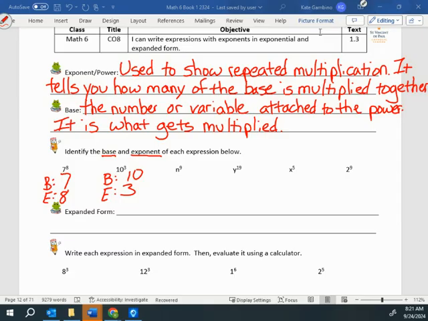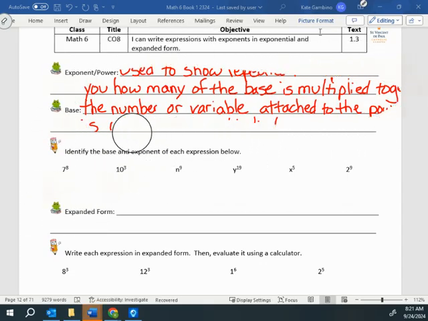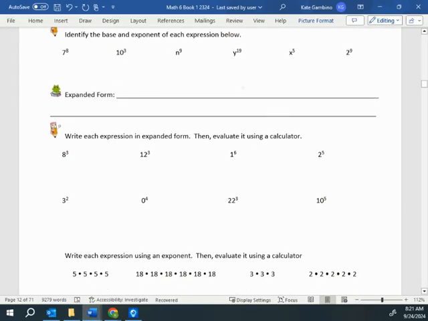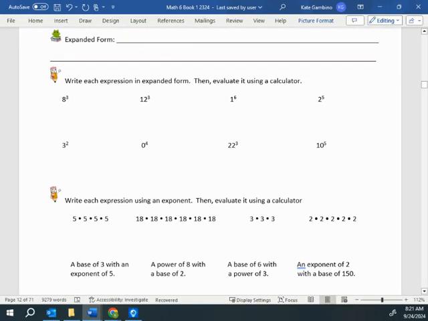We're going to talk about what that expanded form means. So let's look at expanded form. Expanded form is writing an exponent expression as repeated multiplication.